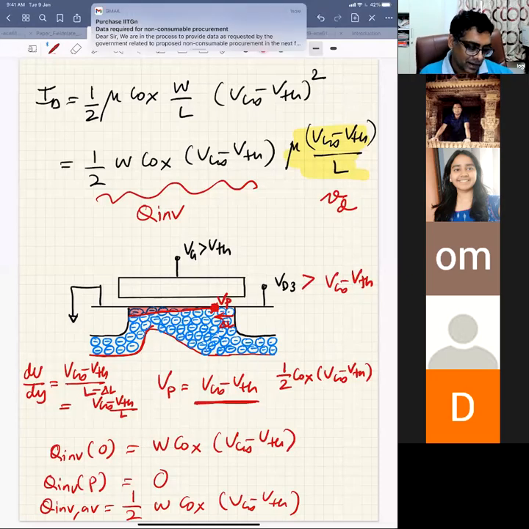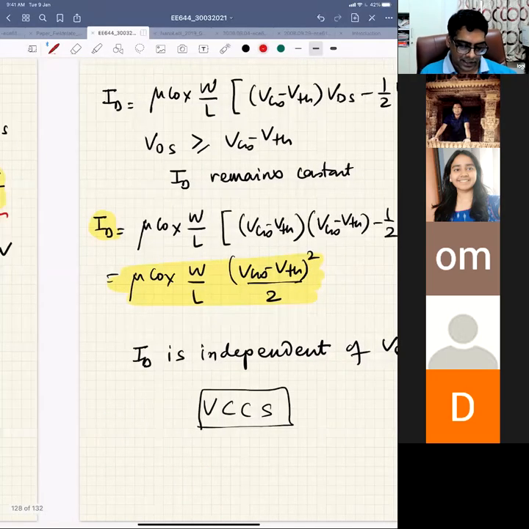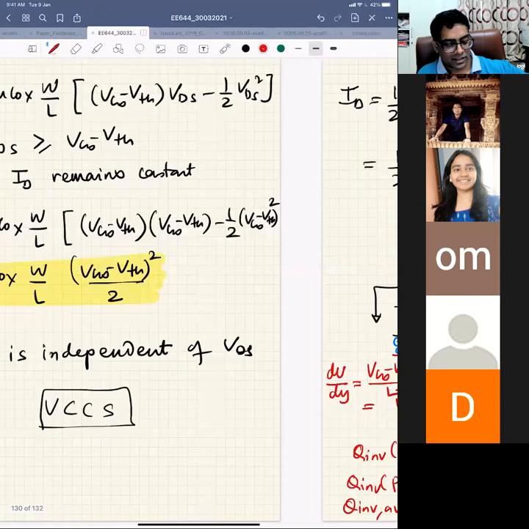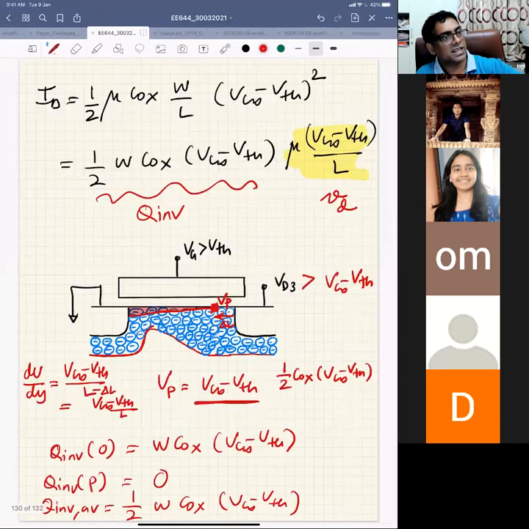Like this equation here, this means in the linear region also you have inversion charge into velocity. In the saturation region also you have inversion charge into velocity, but the velocity and inversion charge terms are changed, because your channel is pinched off.